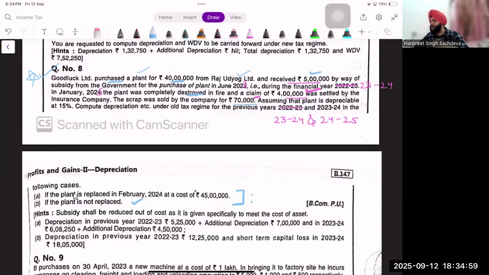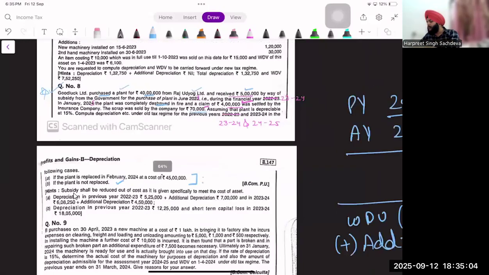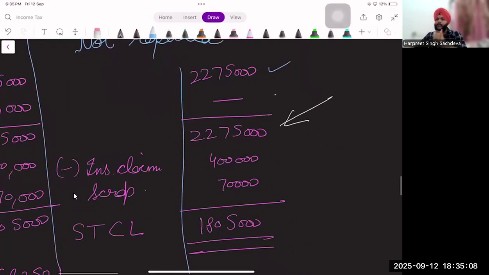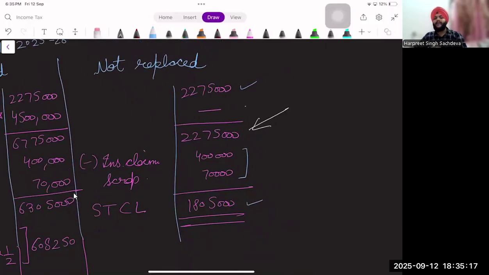How much insurance claim? 4 lakh, and scrap was sold by the company for 70,000. Means we got the money, 4 lakh 70,000 total, insurance claim and scrap. So we got STCL, short term capital loss of 18 lakh 5,000 because there is no remaining asset in this block.